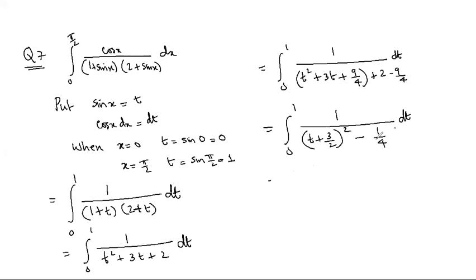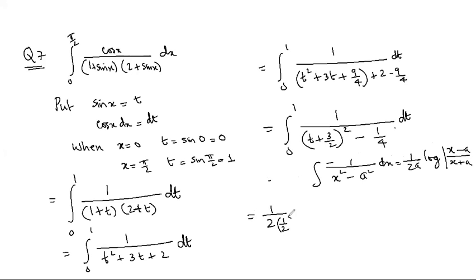Okay, very good. Now this is of the formula integral 1 upon x square minus a square, which is 1 by 2a log of (x minus a) upon (x plus a). So if you apply that formula, a square is 1 by 4, so a is 1 by 2. 1 by 2a becomes 1.